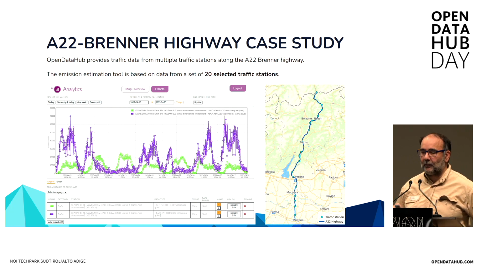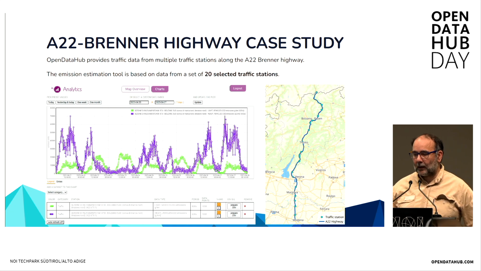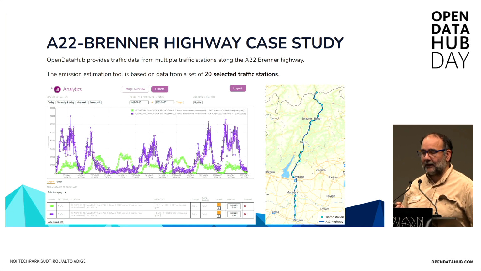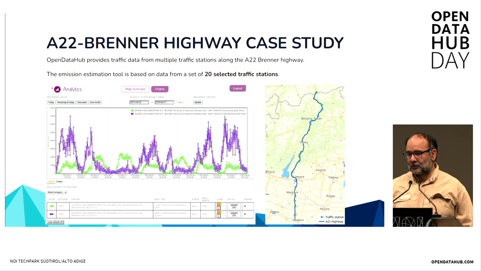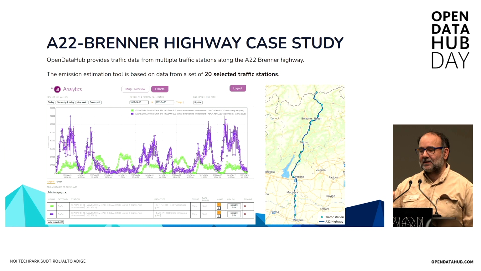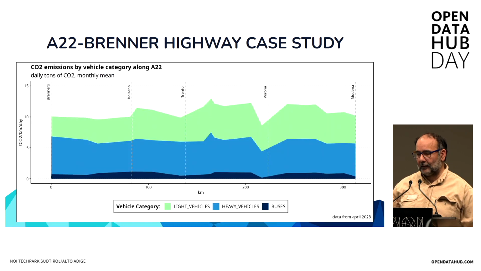Here we have some examples which are extracted from Open Data Analytics. As I told before, traffic data are already on the Open Data Hub. We get them, we calculate pollutant emission, and we push them back so they can be described and visualized in the same way traffic data are already done.